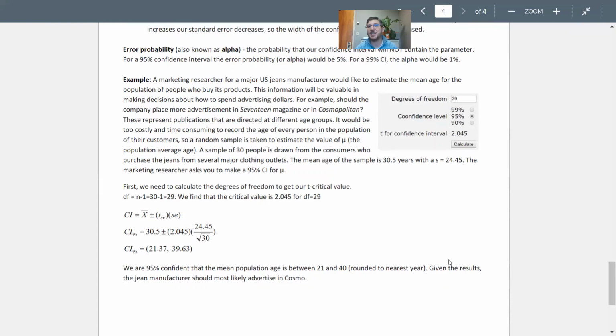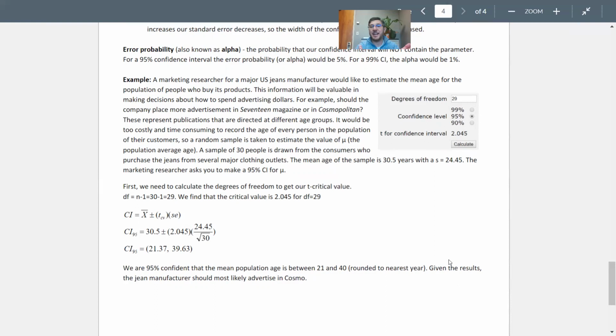These publications are aimed at different demographics. It would be too costly and too time consuming to record the age of every person in their population of customers. So we take a random sample of 30 customers and ask them their age.